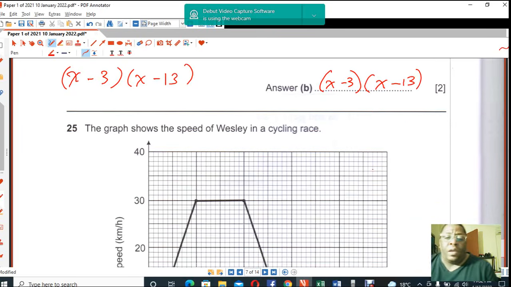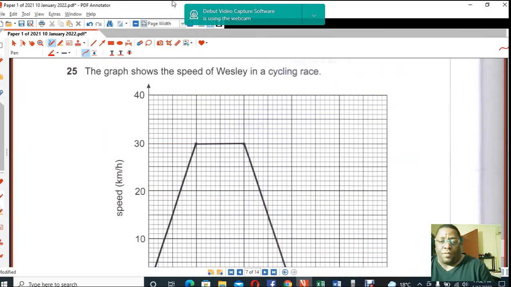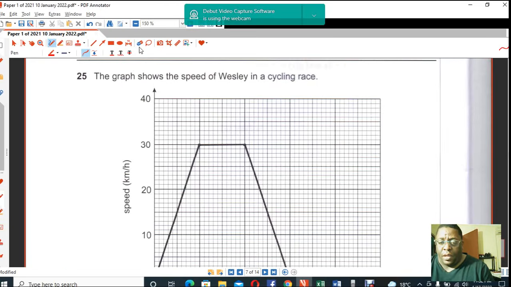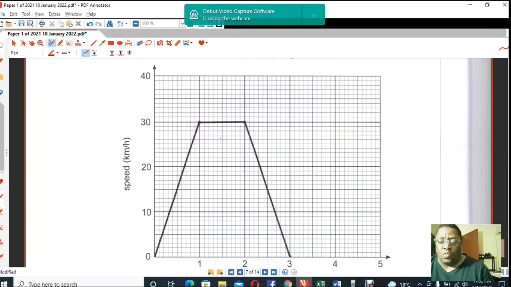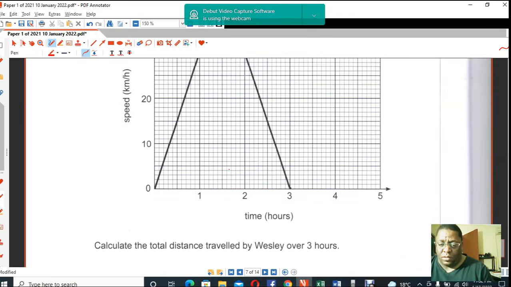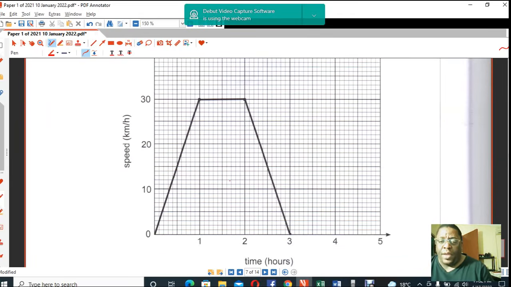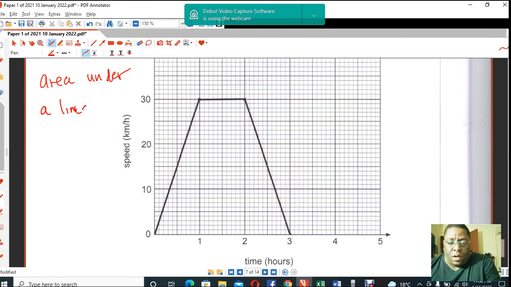I hope by this time you know how to factorize quadratic expressions. Right, that brings you to question 25. Perhaps I should make it a little bit smaller. We're supposed to look for the total distance traveled. In a speed time graph, if you want to find the distance traveled, you will have to deal with the area under the graph.